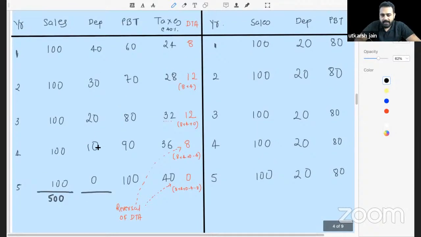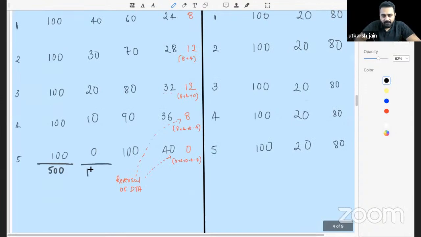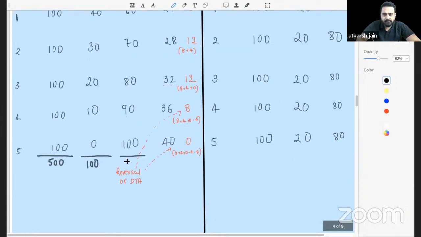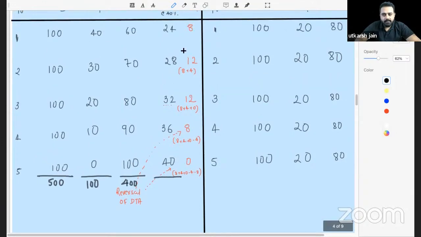So 70, 90, 100, the total of depreciation, 100. Let's take the total of profit before tax over a period of 5 years. That's 130, 210, 300, 400. So total 400. Let us take the total of tax expense over the period of 5 years. So how much will that be? 32, 52, 54, 84, 84, 90, 120, 160.